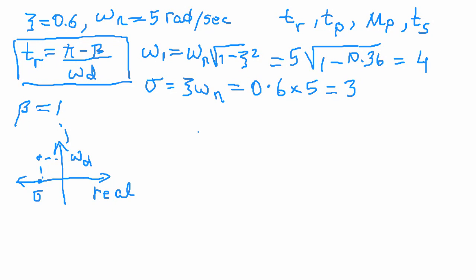If you connect the pole to the origin, beta is this angle.